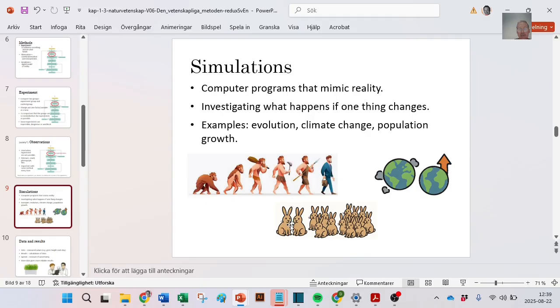For example, how a population grows generation for generation over time, or how the temperature can change on Earth, or how an evolutionary process can take form.